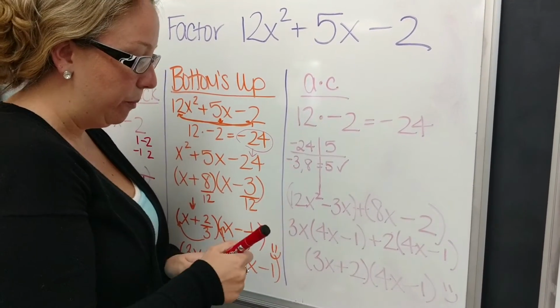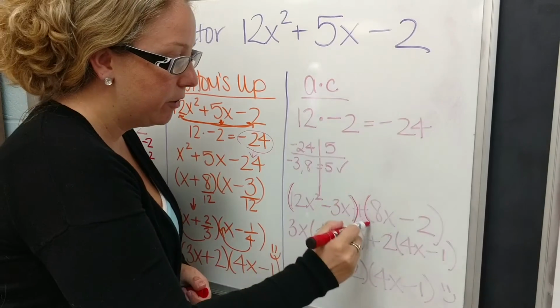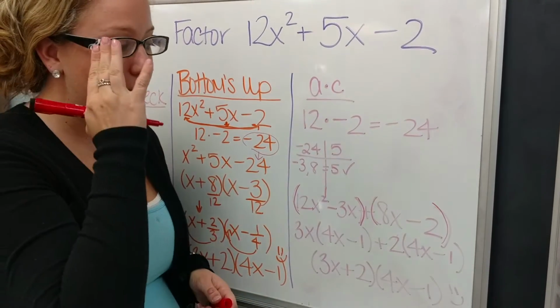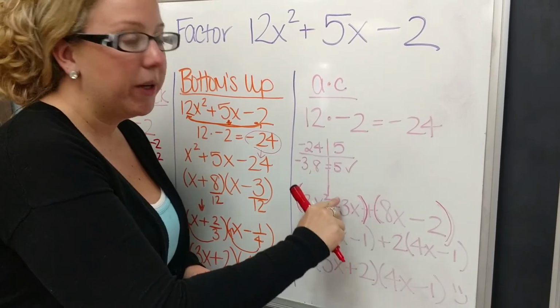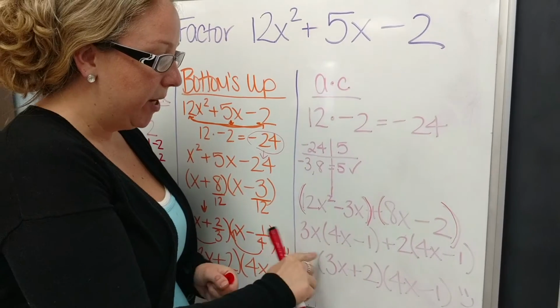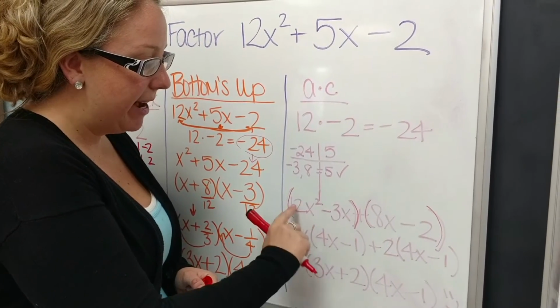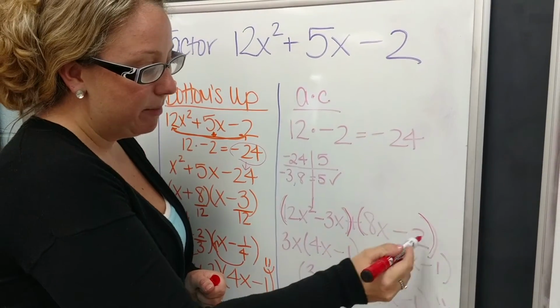Then you want to group. So as you can see, I grouped my first two terms and grouped my last two terms, and I'm looking for the GCF between those two. So 12x squared minus 3x, I can factor out a 3x from both of those terms. When I factor out the 3x, I'm left with 4x minus 1. And then I look at my second set, 8x minus 2.